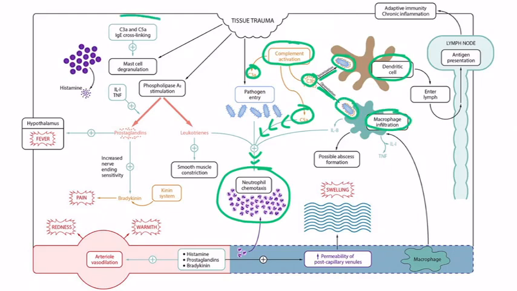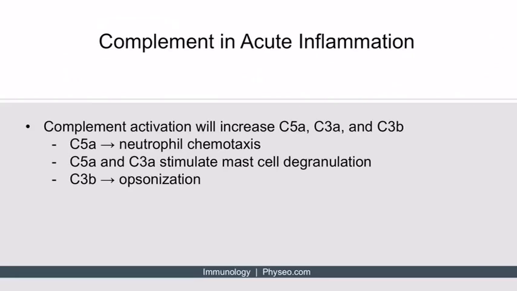Now bring your attention over to the left. As we mentioned before, C3a and C5a also help stimulate mast cell degranulation. So these three complement proteins have multiple roles in acute inflammation. And here's what's written in your text. Just remember that in acute inflammation, complement activation will occur, which will increase C5a, C3a, and C3b.